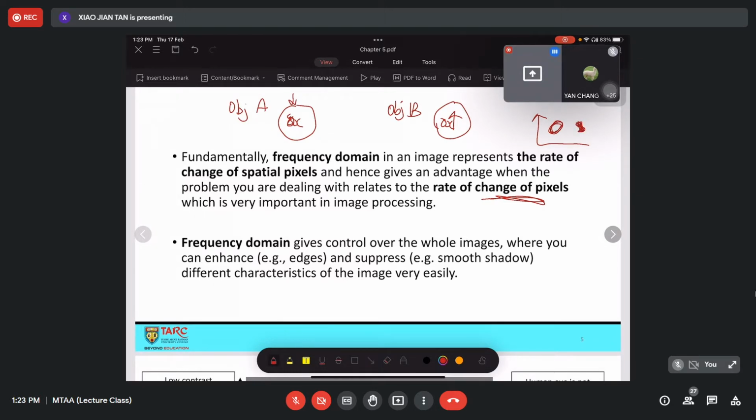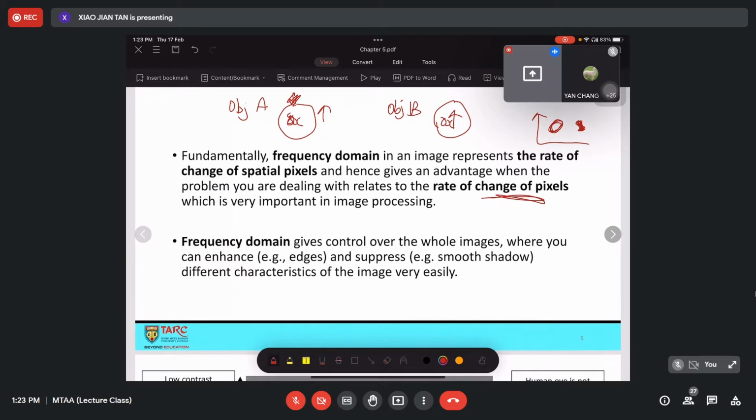So if let's say you have object A, you have a very high rate of change, and object B, you have a very low rate of change. So by determining the rate of change, you can actually partition the value into two different groups, and thus you can perform better classification of data. Okay, so this is actually why sometimes the rate of change is very important.